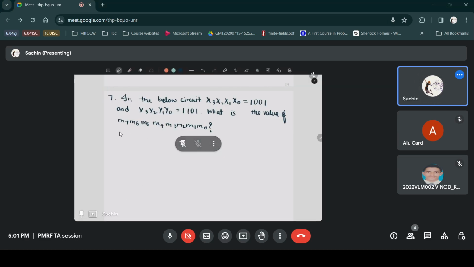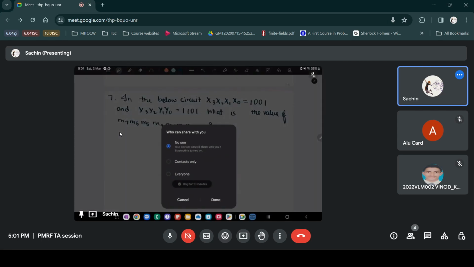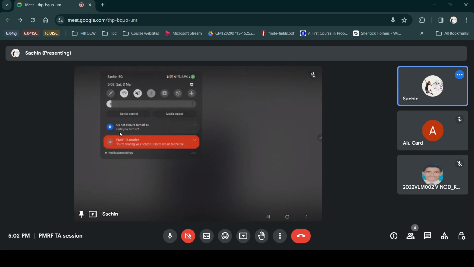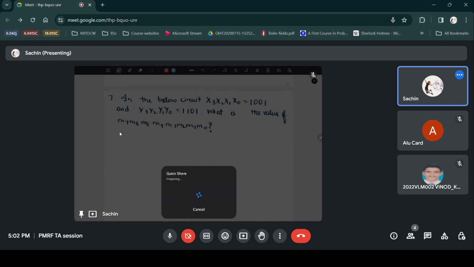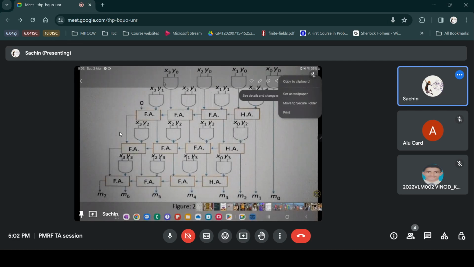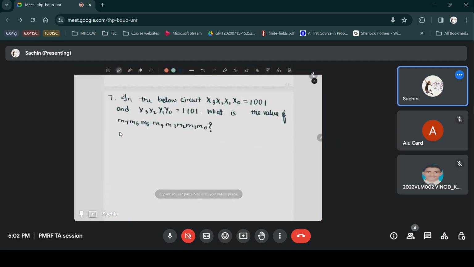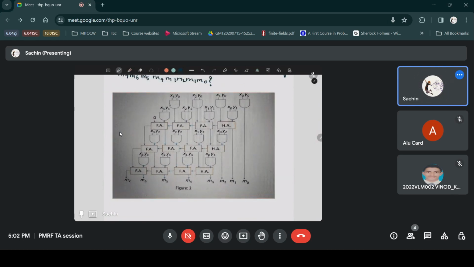Just give me a minute. Okay, that's the circuit. I hope that's alright, it's visible.